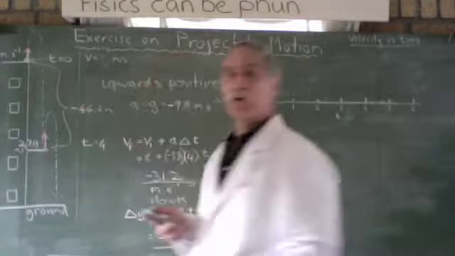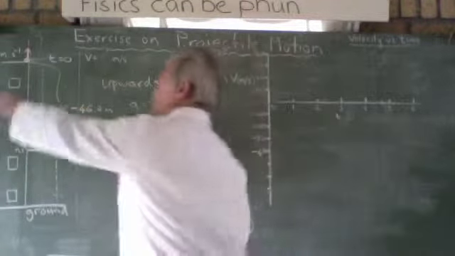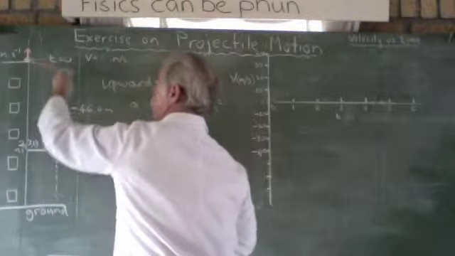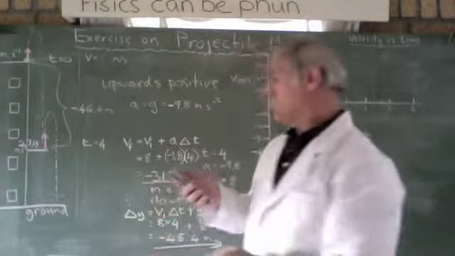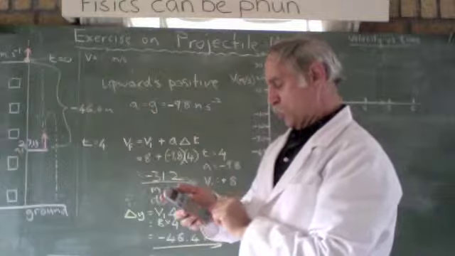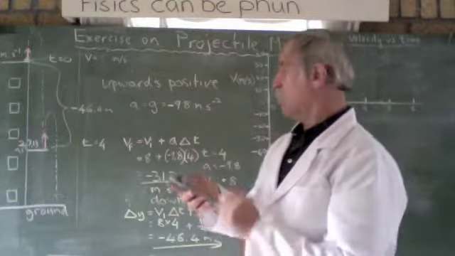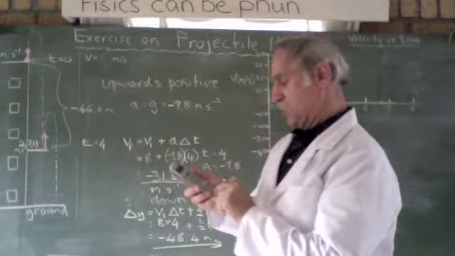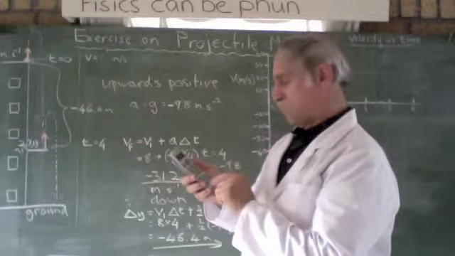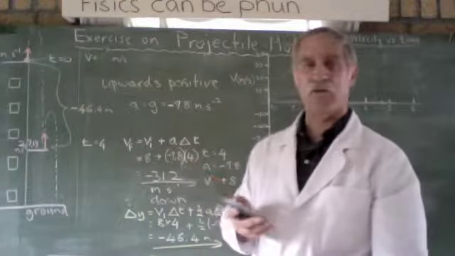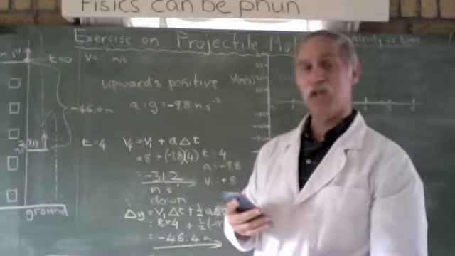Well, what we've got to do is take the height of our building, which is 60. We subtract the 46.4. And the height of the building is therefore 60 minus 46.4, and the height of our balcony is 13.6 above the ground.